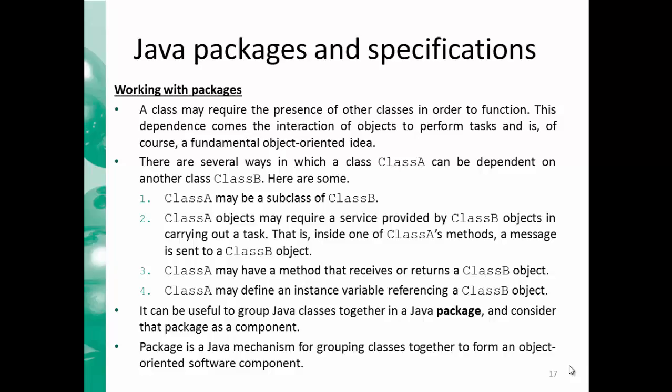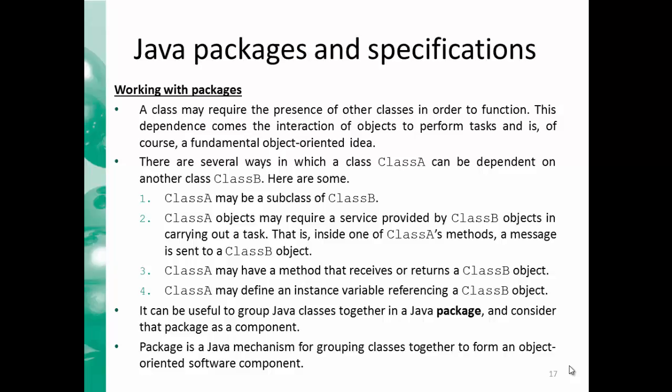In many situations, it's important for a class to get help from other classes to be able to cooperate and perform. This means that the class should be linked to or depend on some other classes.